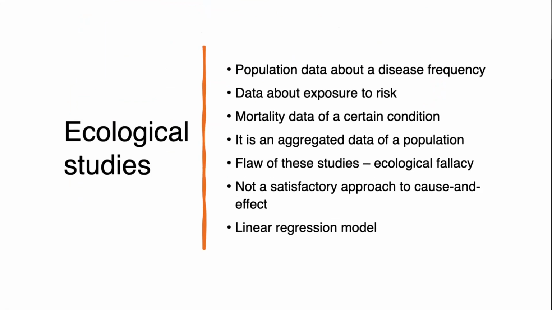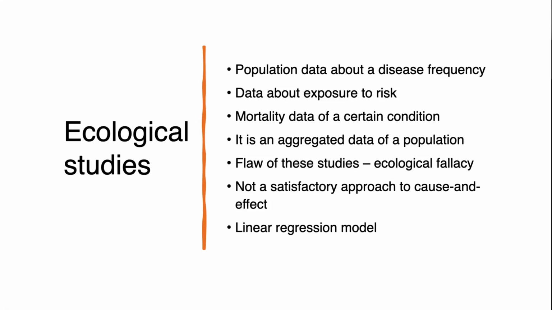Here, population data is studied for disease frequency, exposure to risk factors, and mortality data, looking for any cause and effect relationship between risk factors and disease progression or disease condition. Ecological studies give us an insight into any relationship between cause and effect.